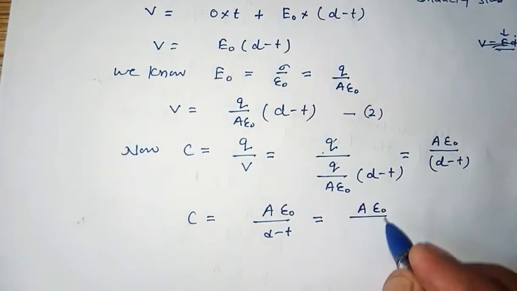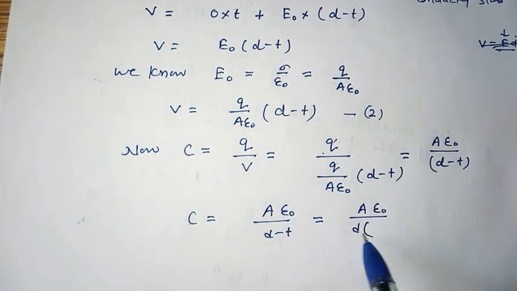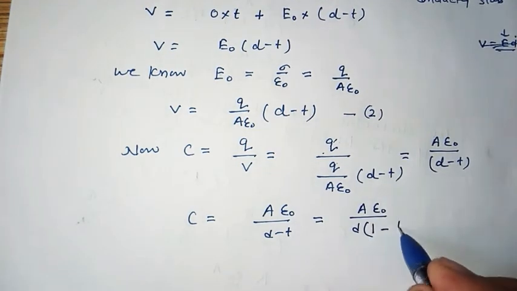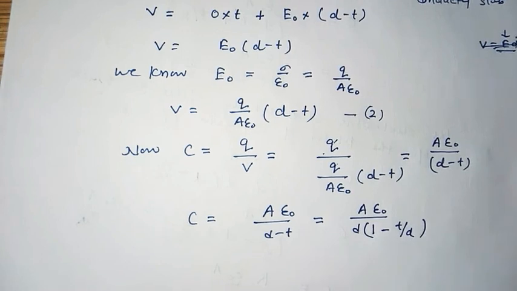A epsilon 0, if D is taken out, here it is 1 minus T upon D.